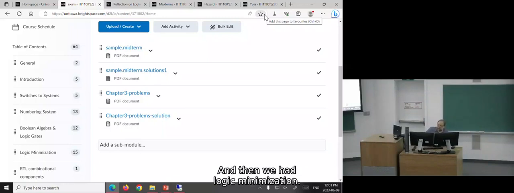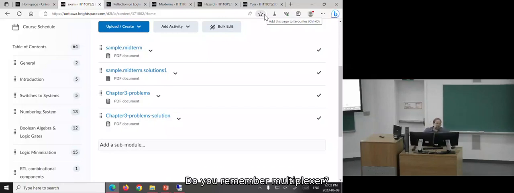And then we had logic minimization. So what we covered up to now is this. Any problems that I can give you for designing a circuit, you should be able to do. For example, we had one example in our class for a multiplexer.